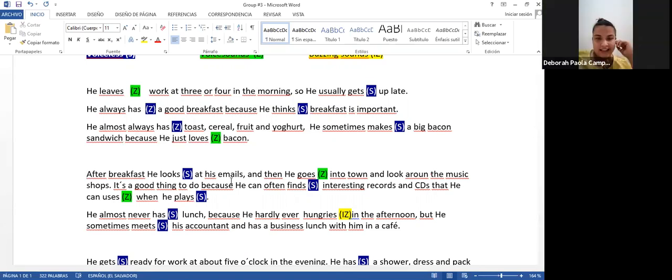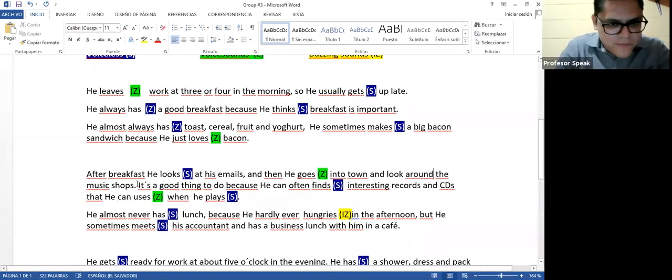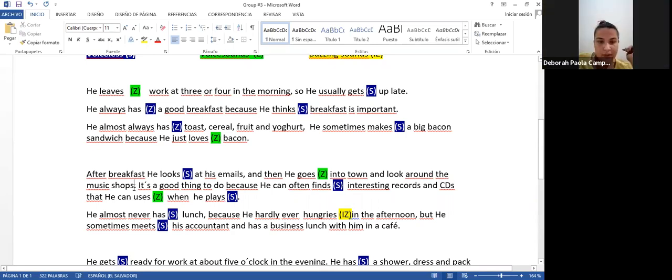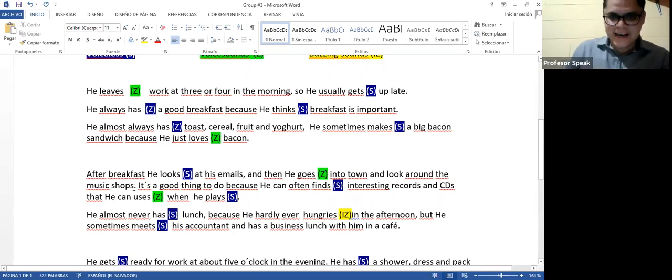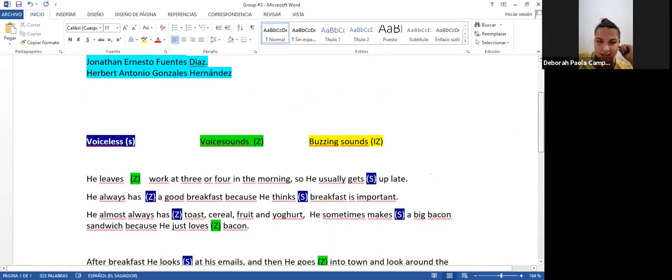And then he goes into town and look around the music shop. It's a good thing. Around the music shops. Shop is a noun. Deborah, shop is a noun, right? Shops. You were working in this group, Deborah.